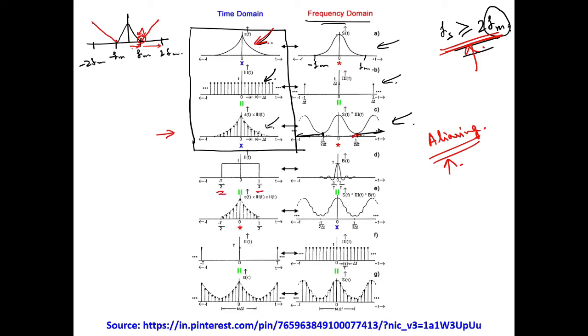So once you get this sampled signal, we are taking this part. We are time limiting the signal with a rectangular time domain filter.